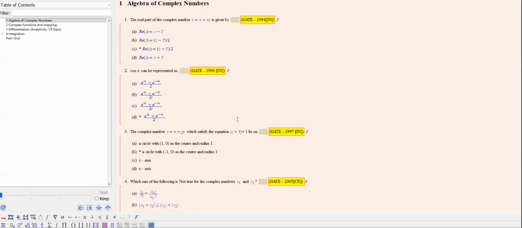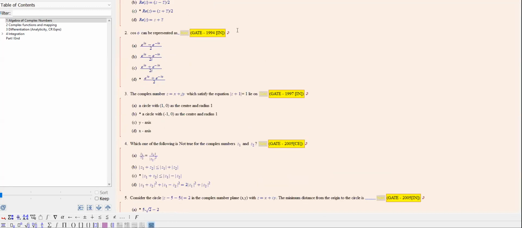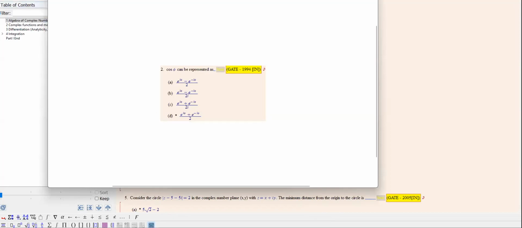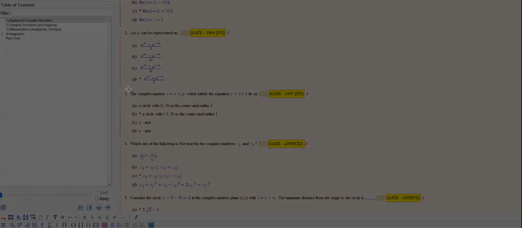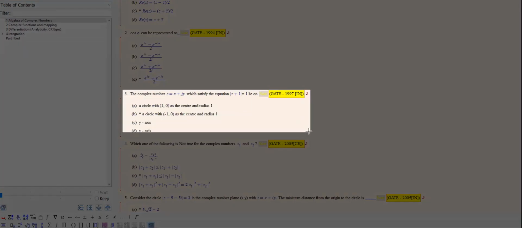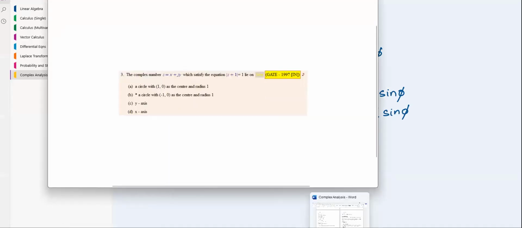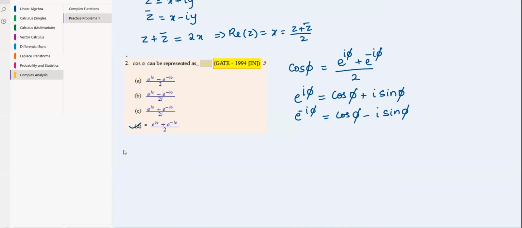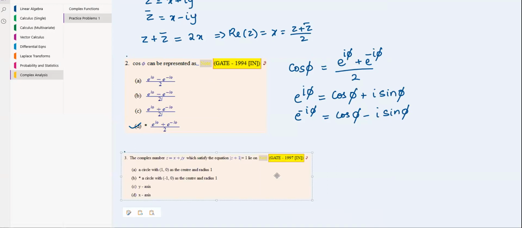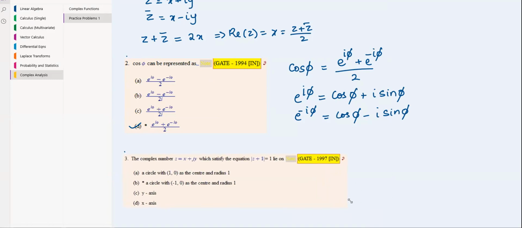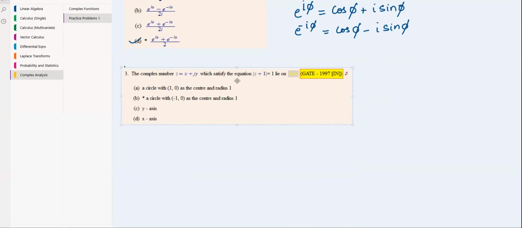Next. The complex number here, instead of i, j is given.